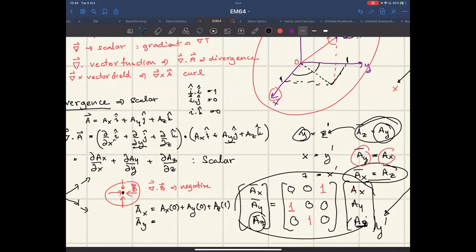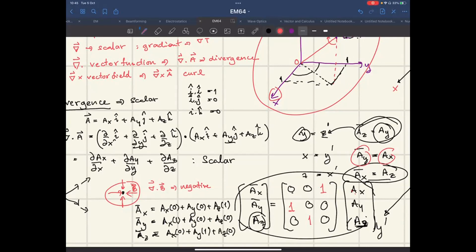AY here equal to AX multiplied by 1 plus AY times 0 plus AZ times 0. AZ here, AX times 0 plus AY times 1 here plus AZ times 0.